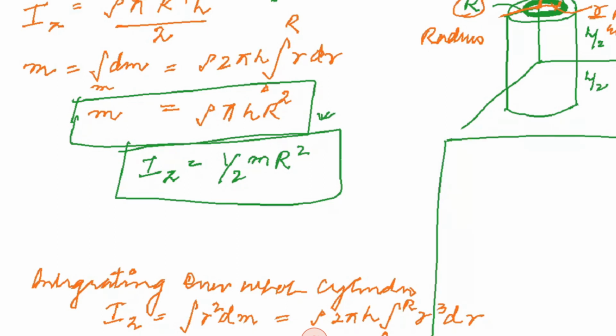Now you can do one more problem here, which is homework for you. Let's say we have this plate, with a density of rho equal to 8,000 kg per meter cube, and it has a thickness of 10 mm.